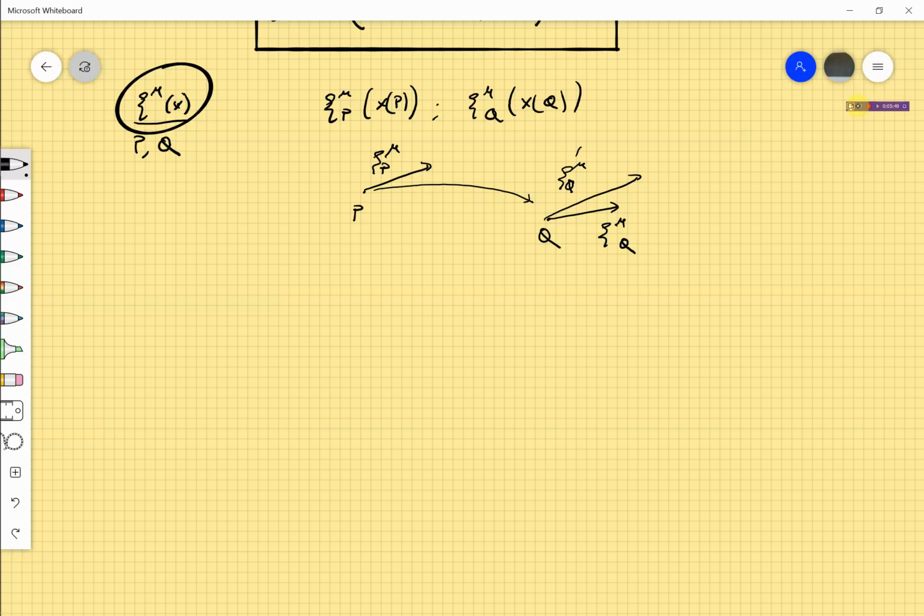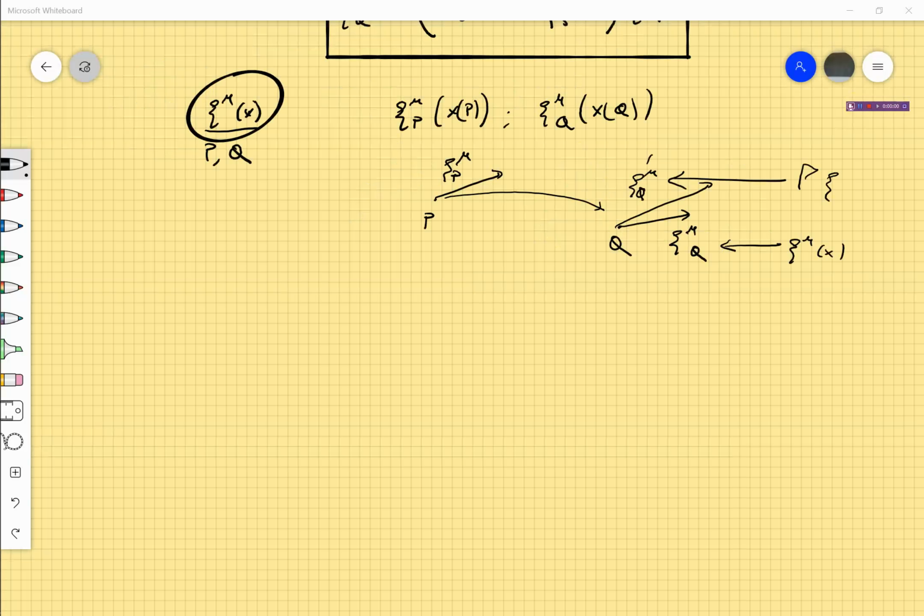This has been obtained directly from psi mu of x, and this one has been obtained by gamma acting on psi. So let us compute this variation. We are going to call the coordinates of the point P in this coordinate patch x mu. P is a generic point and x mu are generic coordinates.